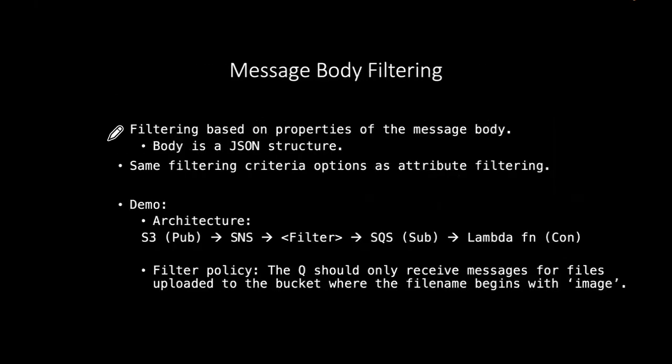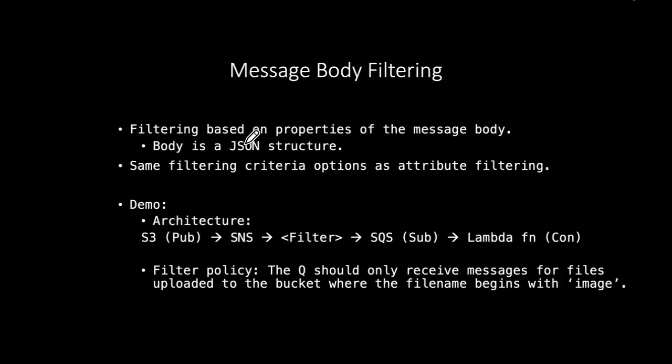Okay, the second type of filtering is where you filter based on the actual body of the message itself. Hence we call it body-based filtering. And the body is a JSON structure, just like the attributes are a JSON structure. But in the case of body filtering, you're focused on values of particular properties of the body.